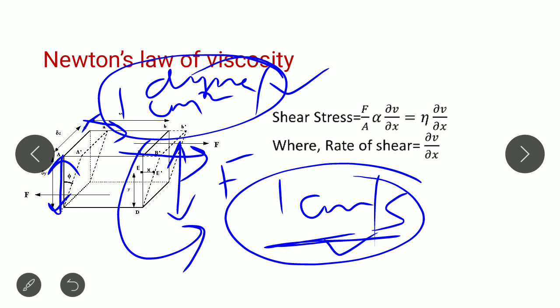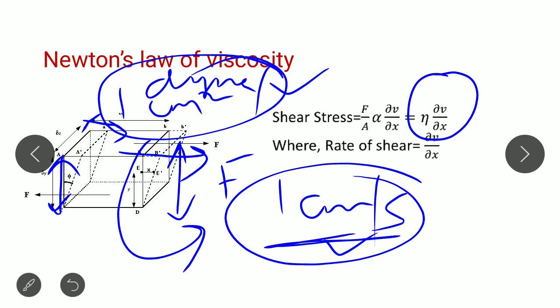If we talk about the units of viscosity, if we use the same equation, shear stress will be equal to eta times shear rate, that is F by A will be equal to eta into dV by dx. So the rate of shear has a unit of per second.